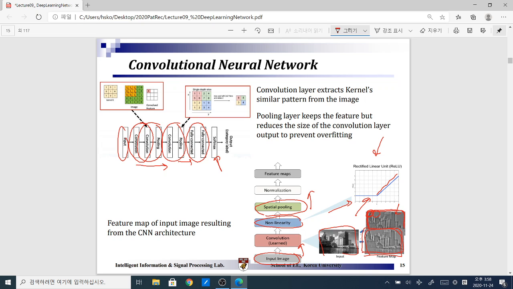We can also go through some sort of normalization process, so that the values are adjusted to be centered at 0, between plus and minus 1, or it could be between 0 and 1. That's another normalization. So after going through multiple stages of these pairs of processes, including the convolution, you have a feature map.